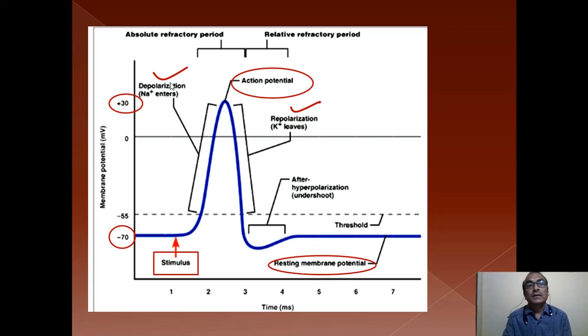The stimulus should be at the threshold level, and then sometimes the membrane potential goes below minus 70. That is called hyperpolarization, and then the minus 70 millivolt level is the resting membrane potential, which is maintained unless and until there is a stimulus striking the nerve.